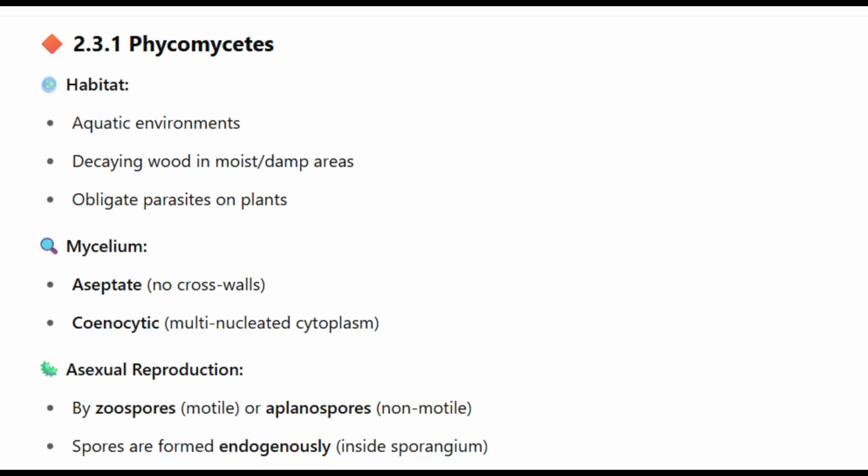2.3.1 Phycomycetes. Habitat: aquatic environments, decaying wood in moist or damp areas. Obligate parasites on plants. Mycelium: aseptate, no cross walls. Cenocytic: multinucleated cytoplasm. Asexual reproduction: by zoospores, motile, or aplanospores, non-motile. Spores are formed endogenously, inside sporangium.